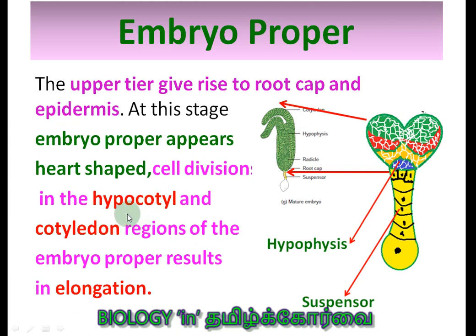So the portion between the cotyledon node and the radical is called the hypocotyl. You can separate it and learn. Hypo means below. It is the portion present below the cotyledon node, so it is hypocotyl, right? These regions of the embryo proper result in the elongation. So that is what we are studying here.